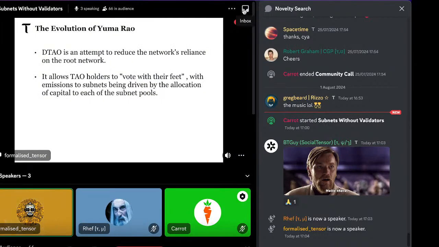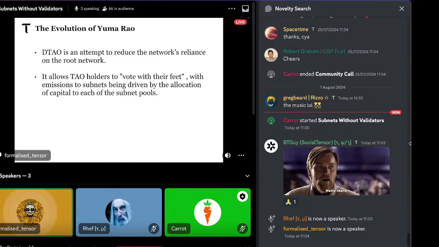So we've evolved a lot, and the latest iteration is DTAL. DTAL will move from root network based emission allocation towards market based. The mental model I like to have for this is that, as opposed to relying on 64 validators to determine what the subnets get, tau holders get to express their preferences by voting with their capital.